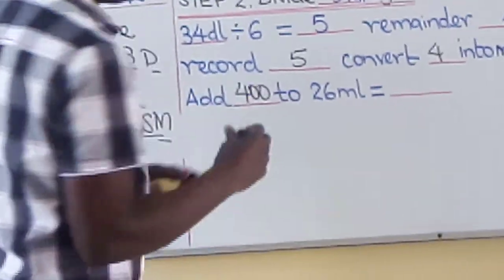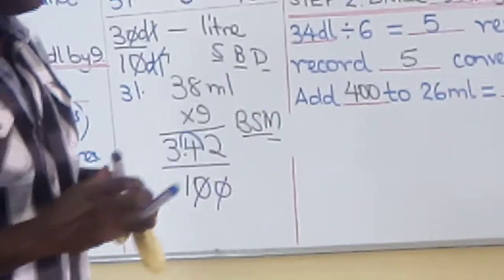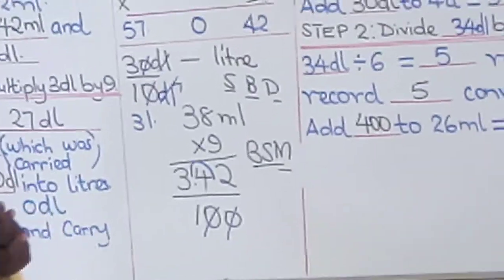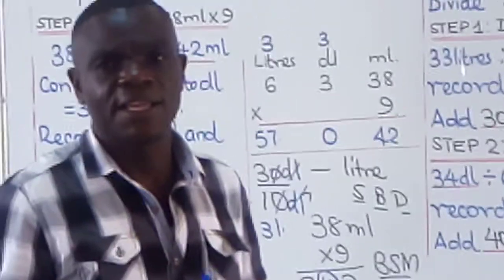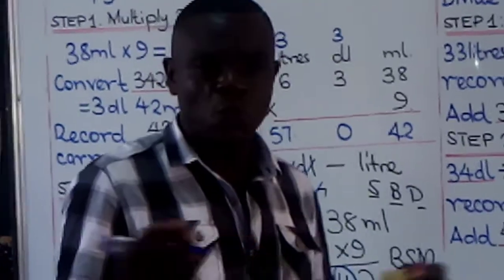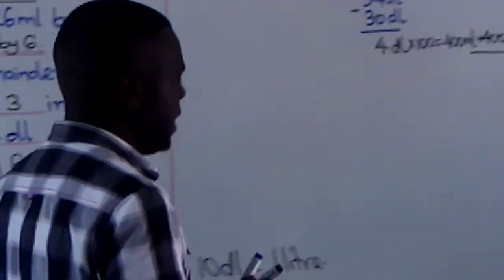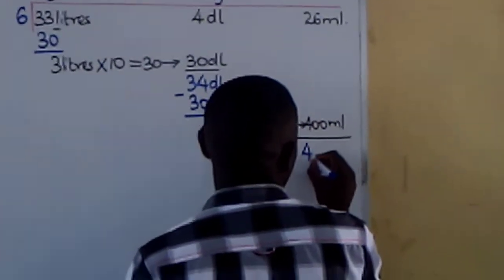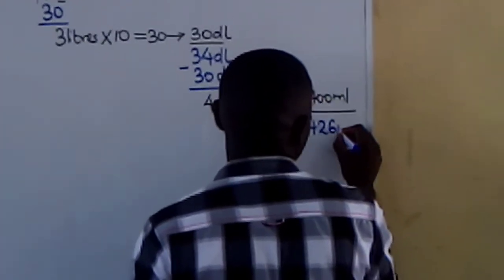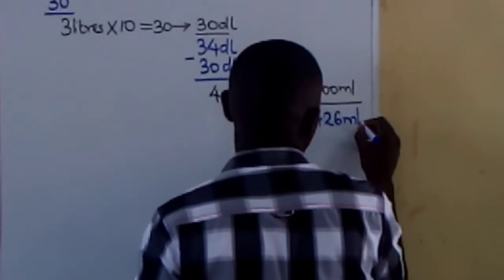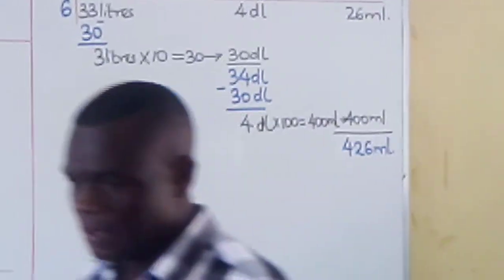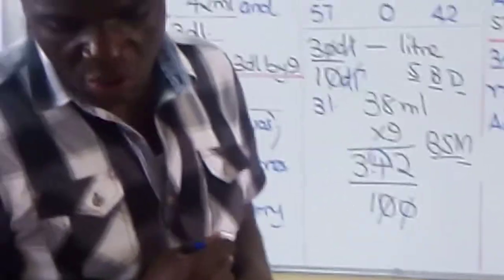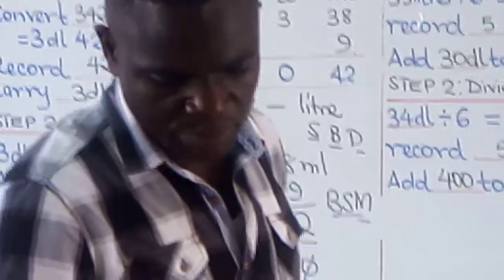I hope you are ready. 400 milliliters plus 26. Yes, Virginia? Wonderful. 426. That is 426 milliliters. We are on the right track, boys and girls.